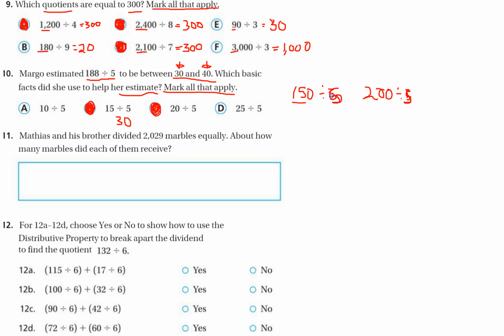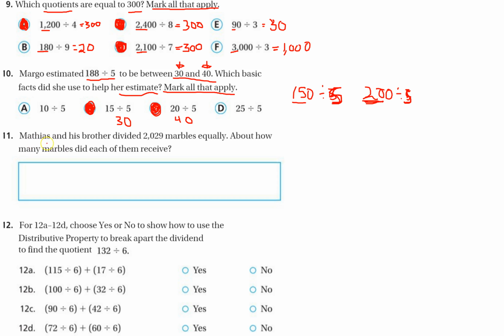It's supposed to be 5 here. Divided by 5, and that's 5 into 20, which is 4 times. And then add the 1 zero, 40. That's how she got her answer to be between 30 and 40, using 15 divided by 5, the first 2 numbers of 150, and 20 divided by 5, or the first 2 numbers of 200.